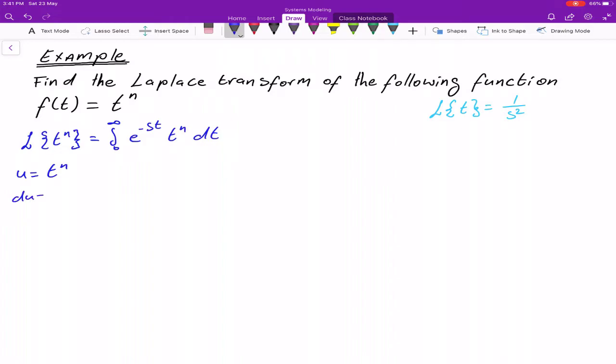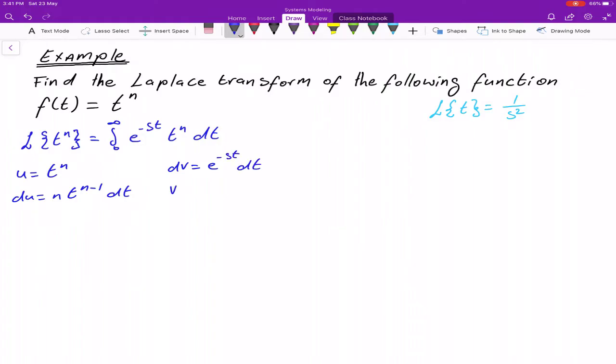So du is equal to n times t to the n minus 1 dt. Then we can choose our dv to be e to the minus st dt.